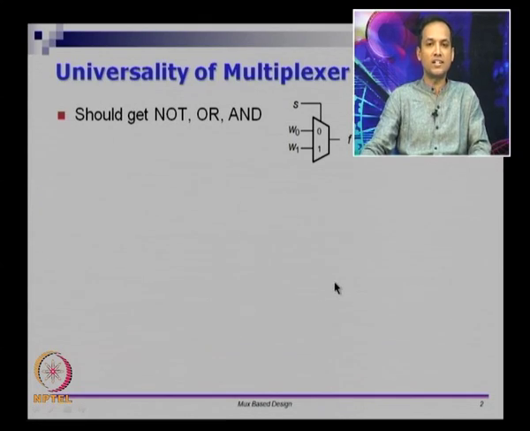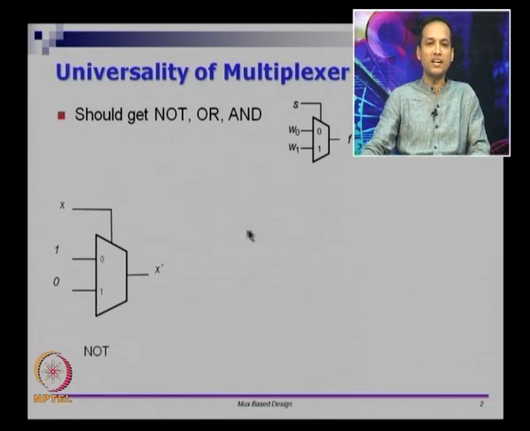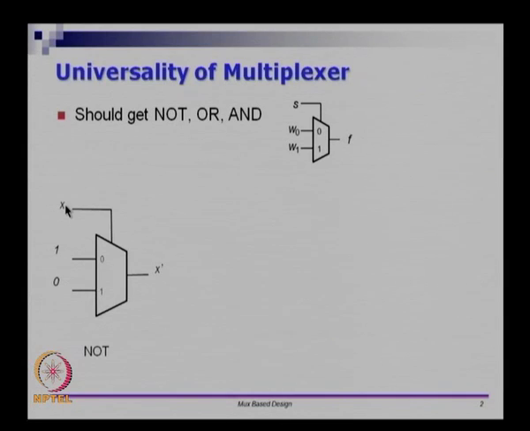Let us see how. Let us start with the first one, NOT. There are three inputs, however a NOT gate will have only one input. We have to somehow control the inputs in such a way that the function f that we get is just a logical complement of the input. One way in which this can be done is as follows. Whatever input that you want to complement, let us say x, you give that as the select line, and when x is 0, you put 1 at the input.